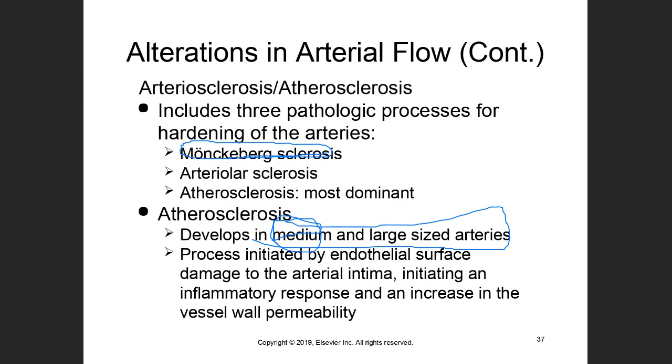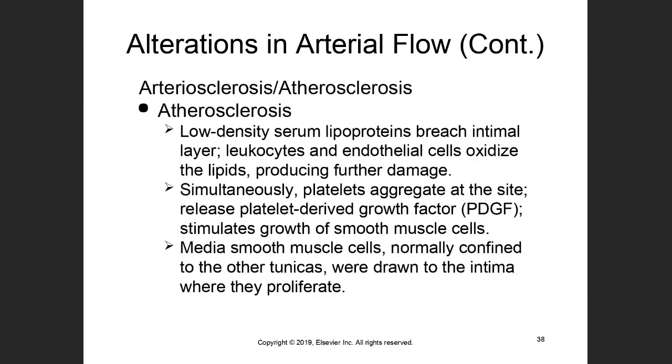The process is initiated by endothelial surface damage to the arterial intima, initiating an inflammatory response and an increase in vessel wall permeability. Now we have atherosclerosis: a low density serum lipoprotein beneath the intimal layer. The accumulation of that material is the one that is going to produce the damage.